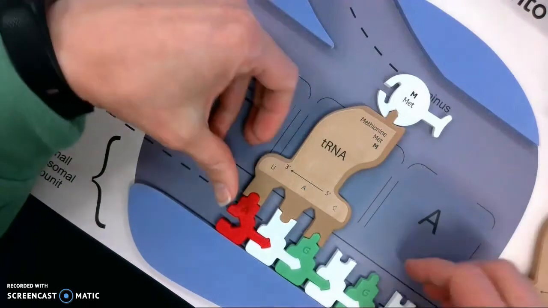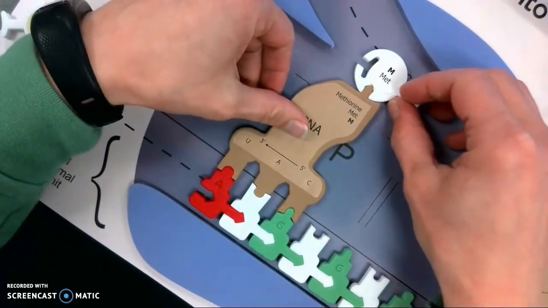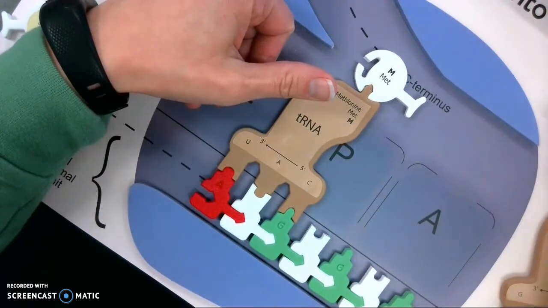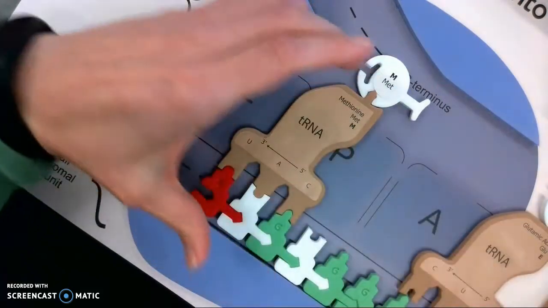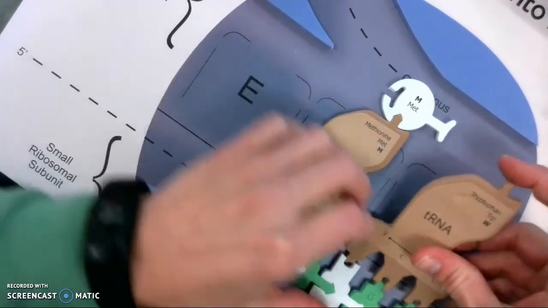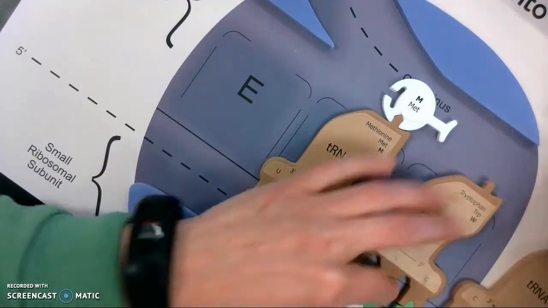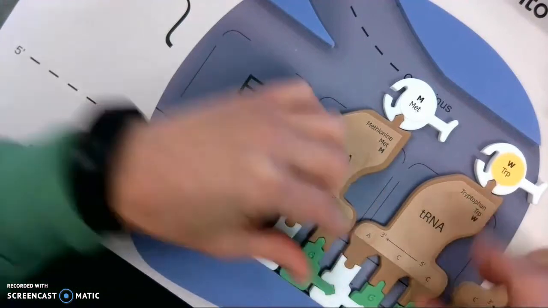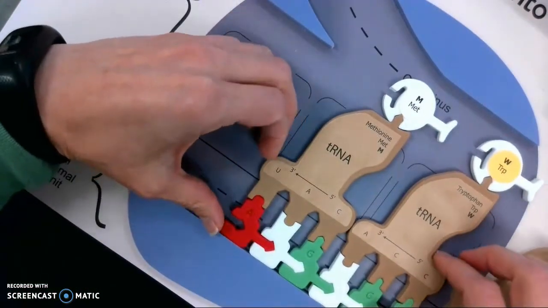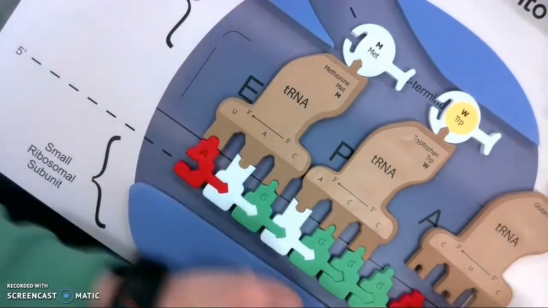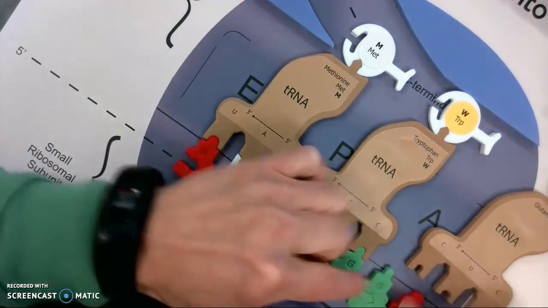Okay, now you're going to get a line of these, and they're going to come up. Okay, so that's going to move into that next block. And then your next tRNA is going to come and bind, and it has that amino acid on the top. So remember, when they move along here, they're going to look for a complement, okay, to the codon.